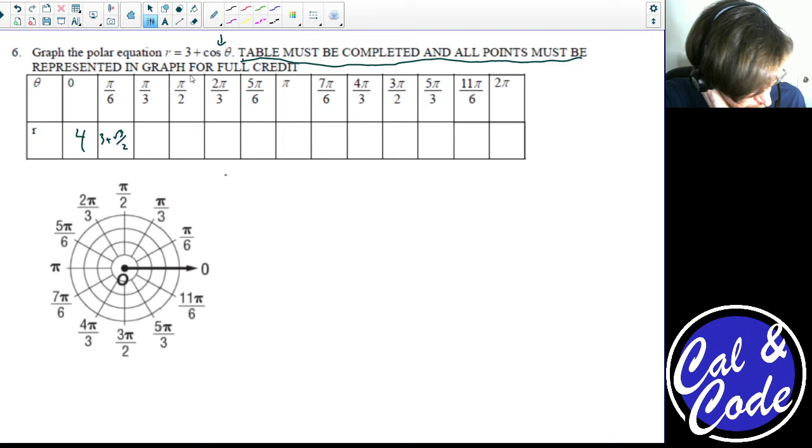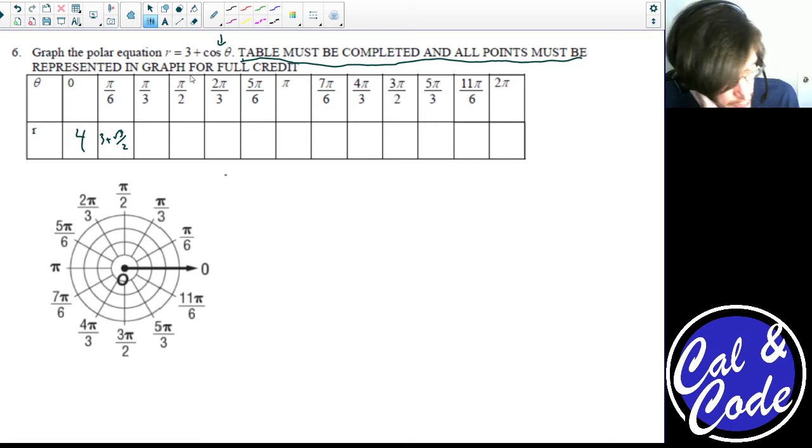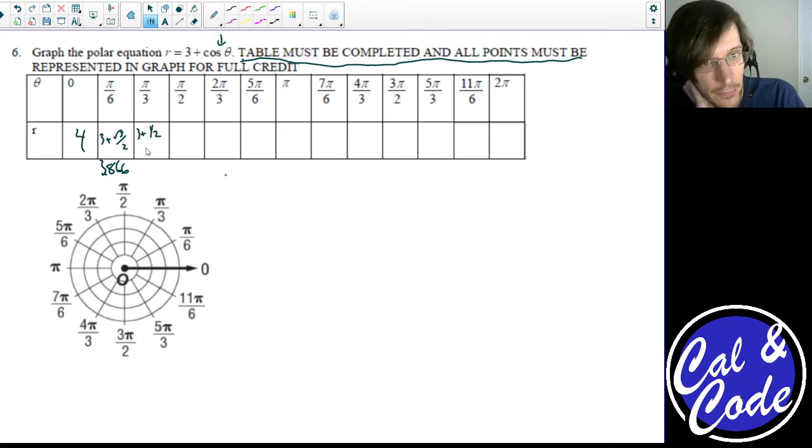So it's 3 plus the square root of 3 divided by 2, and you get 3.866. When we're going to pi thirds, we have 3 plus 1/2. Pi halves, 3 plus 0. At 2 pi thirds, we're going to be at 3 minus 1/2. At 5 pi sixths, we're going to be 3 minus √3 over 2.